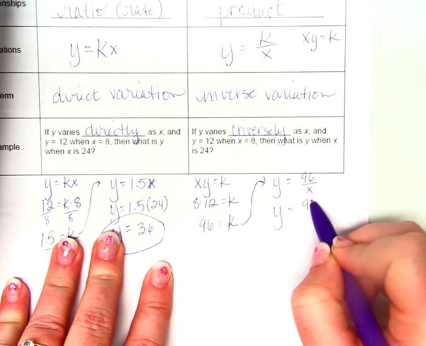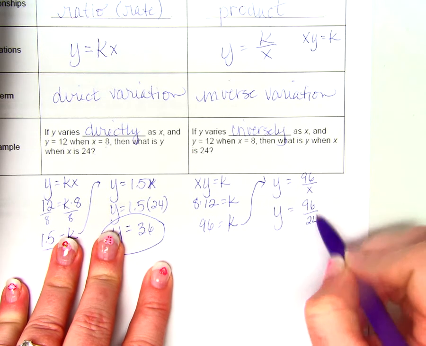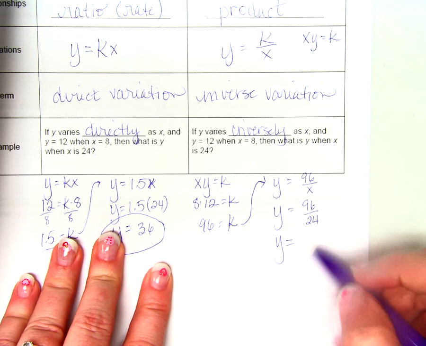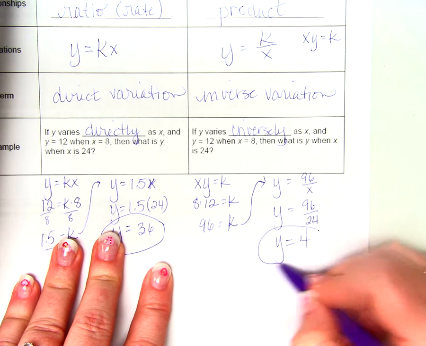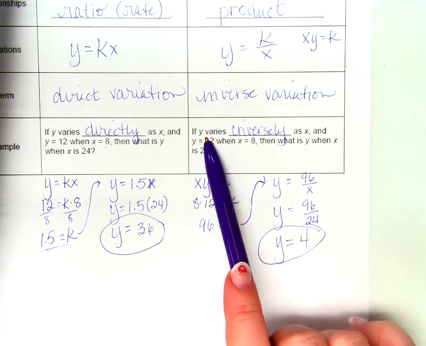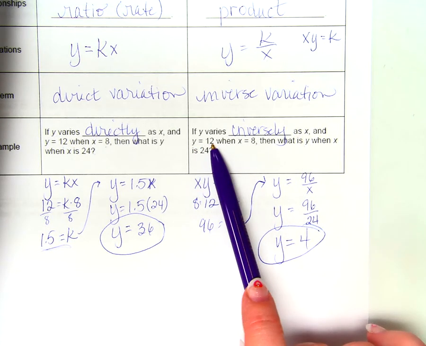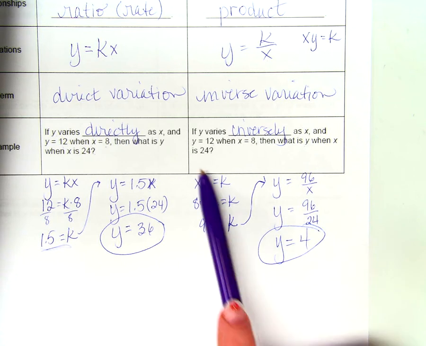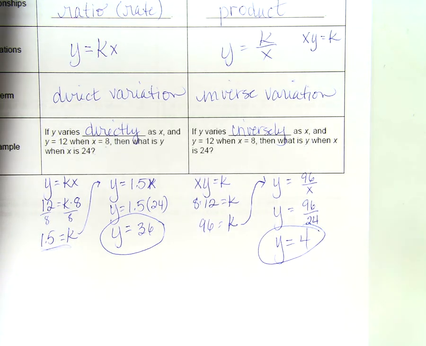Yeah, you're right. It's just as simple as now putting 24 in for x and doing the division. So if y varies inversely as x and y is 12 when x is 8, then y is 4 when x is 24. Okay? Any questions about any of that?